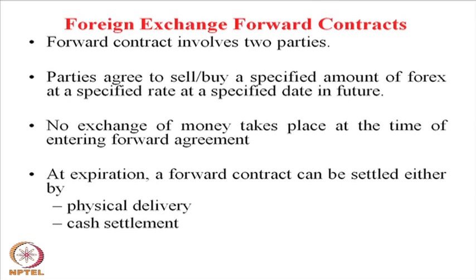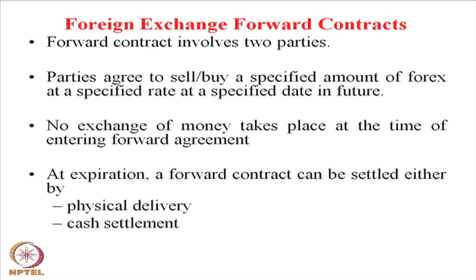So, regarding the foreign currency forward contract, what is the process? Process means the process of estimation and the process of signing the contract. Here a forward contract involves two parties. Suppose it is a purchase forward contract, applicable to inward remittances for exporters.